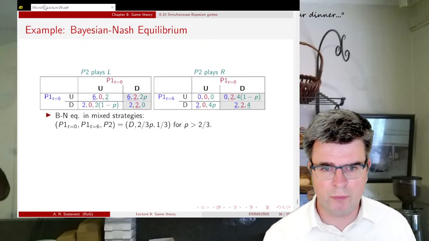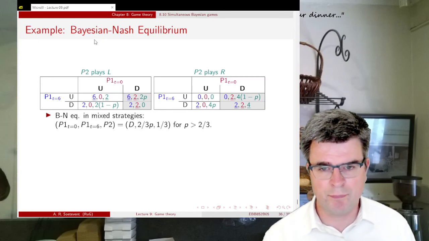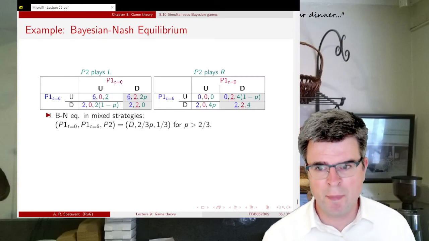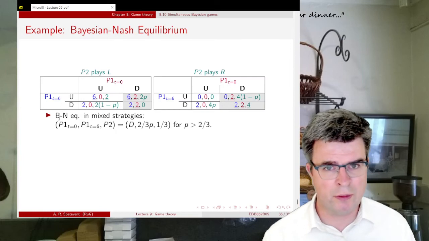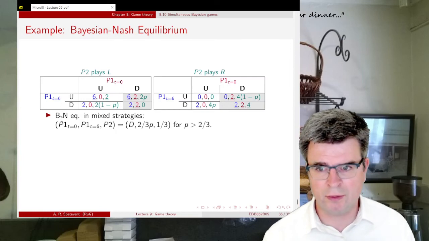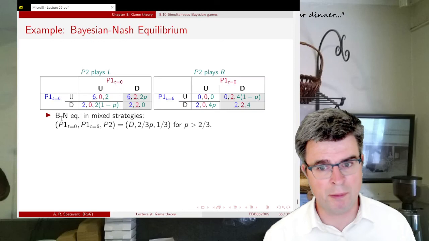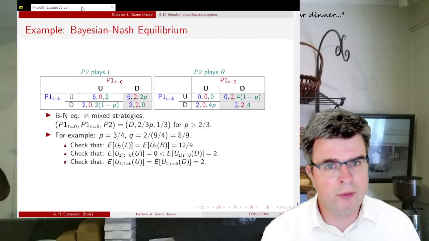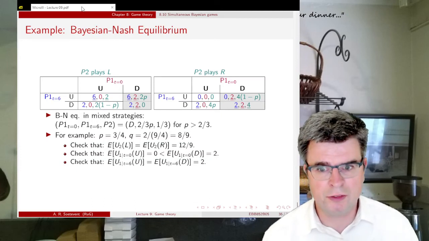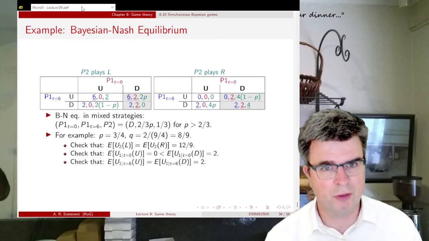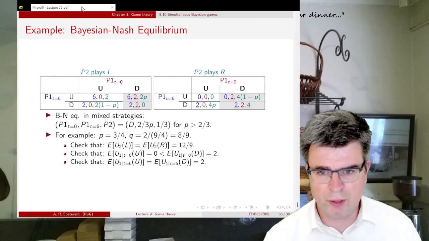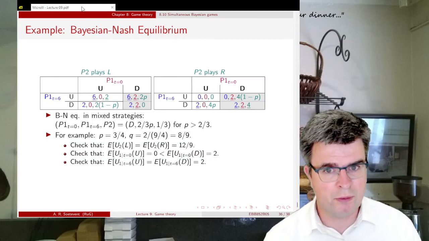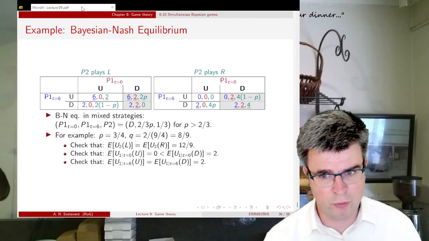So we repeat the game over here, and we found in the previous slide that we have a Bayesian Nash equilibrium in mixed strategies. And now we plug in a specific value. Take P is 3/4, which is larger than 2/3. For that value, probability Q is equal to 8/9.